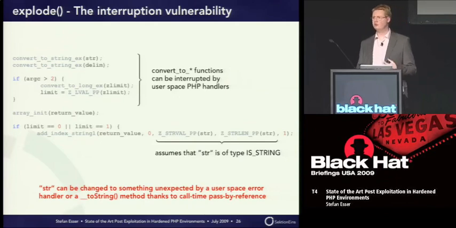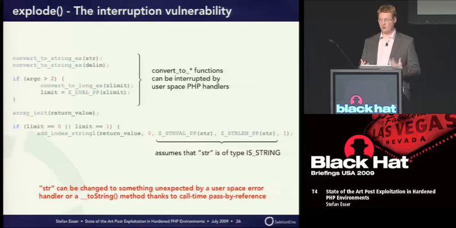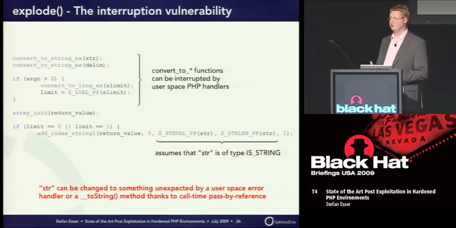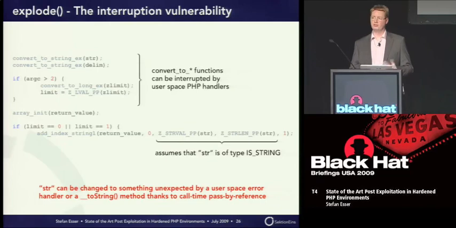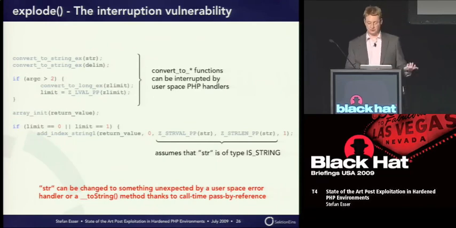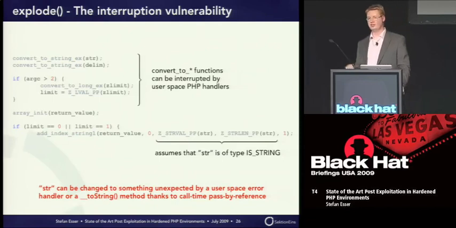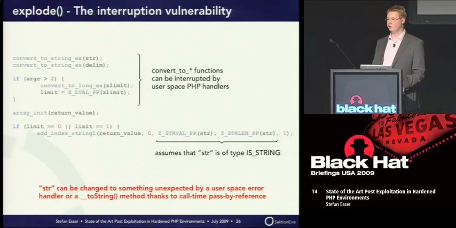But the problem is it uses the convert_to_string macros to convert the variables into strings, and these macros internally resolve to functions that, when you try to convert an array to a string, will cause a warning or a notice that it tried to convert an array to a string. The same happens for integers, and the same happens for objects. And in PHP 5, you have the exception that when there's a toString method, it will not call the error handler, but it will call the toString method.